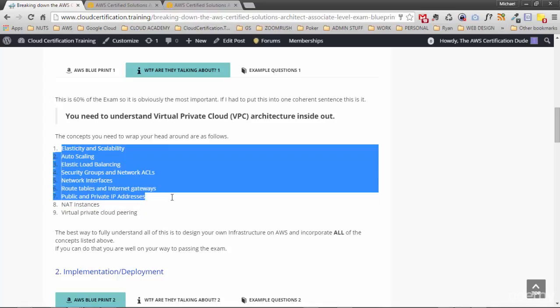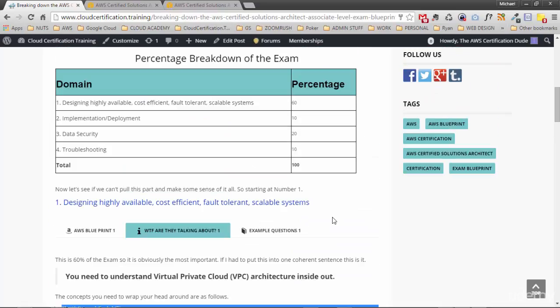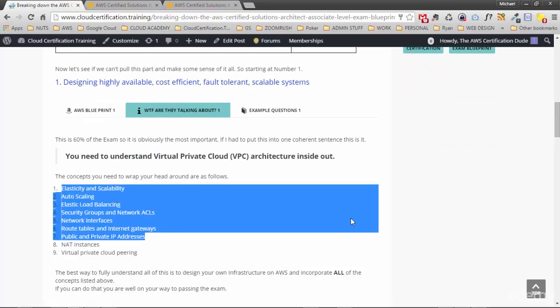So the time you finish this course, you will have a very, very in-depth understanding of AWS Solutions Architect and the sort of questions that you can expect on the exam.